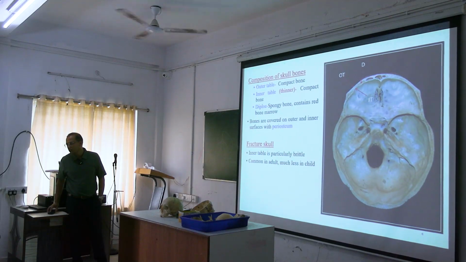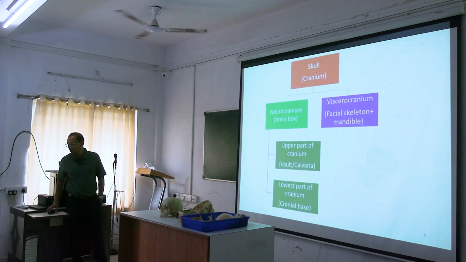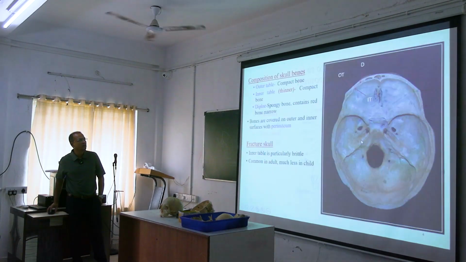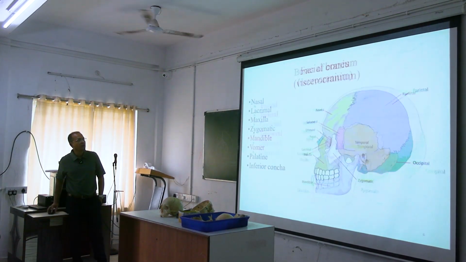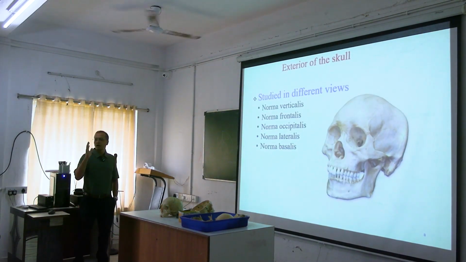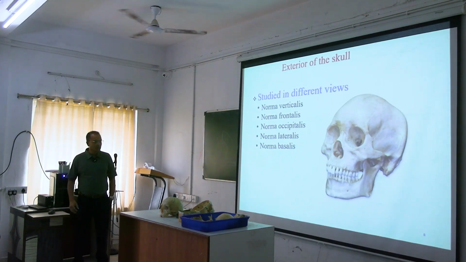To summarize, the cranial bones are divided into two parts: facial bones and cranial bones. The upper part of the calvaria is divided into outer table, inner table and diploic space. The views depend on how we are looking at it: norma frontalis, basalis, occipitalis and verticalis.